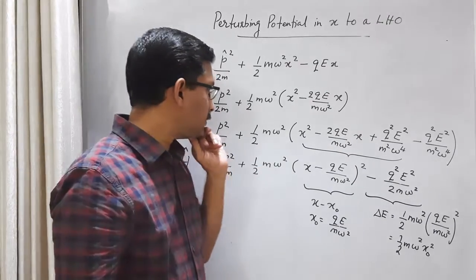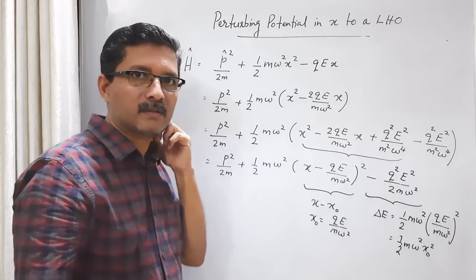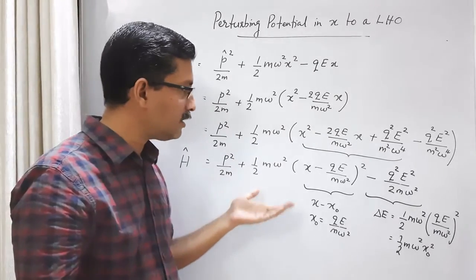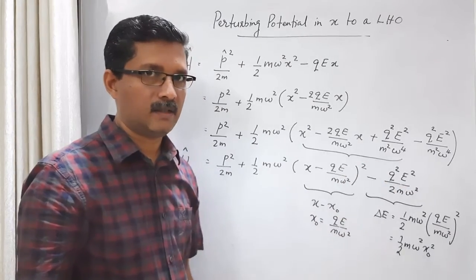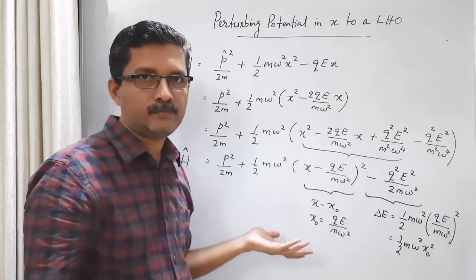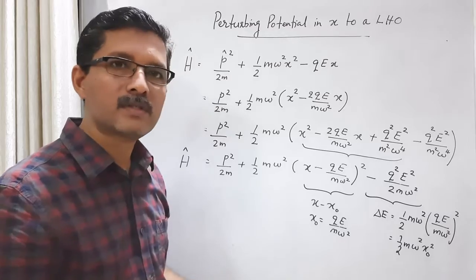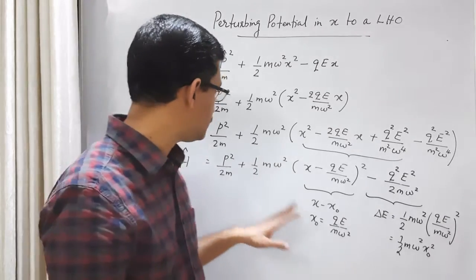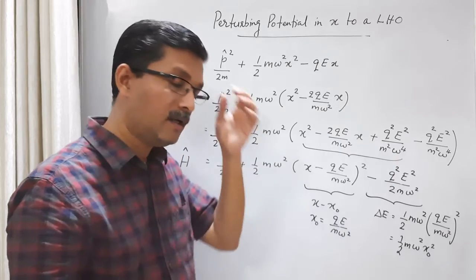So we can see that this is simply a harmonic oscillator, again a harmonic oscillator with a shifted mean position and shifted energy levels. So this is an exactly solvable problem. The angular frequency of oscillation has not changed. It's the same as omega. So what are the effects here?